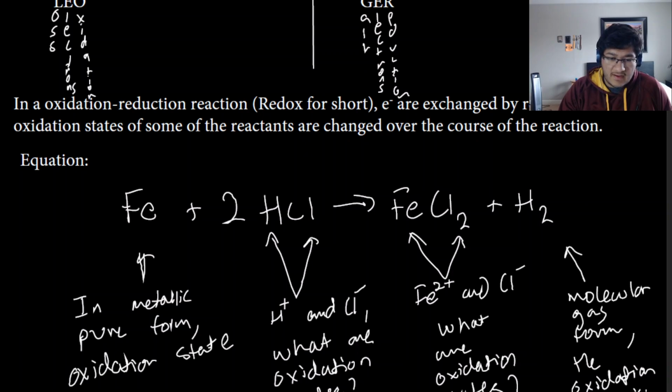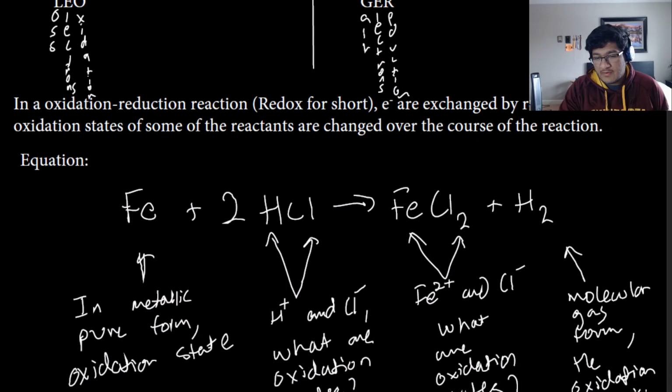The oxidation state for H+ in HCl is just +1. The oxidation state for Cl- is just -1. The oxidation state for iron in iron(II) chloride is +2. And we know that for chloride, it's just -1.